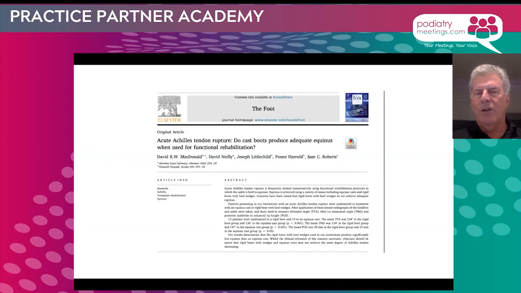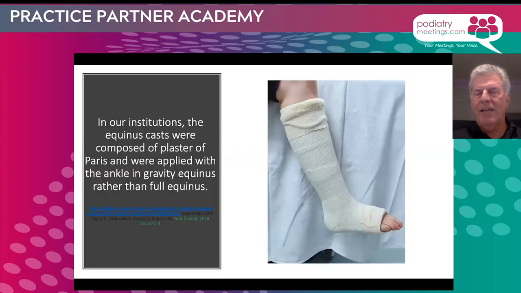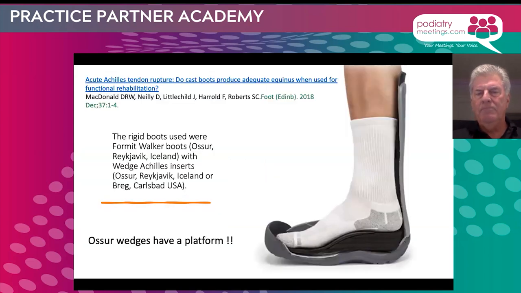A third study was also performed in the UK. In this case, they used an equinus cast that was applied with the foot hanging in gravity. So they didn't force the ankle into equinus, they just did what's called a gravity-dependent cast. And then they wanted to compare that to the use of heel lifts inside of a boot, similar to the previous study you saw. But in this case, they used 2 different kinds of wedges, but they mixed them up and they considered them similar, but they aren't similar.